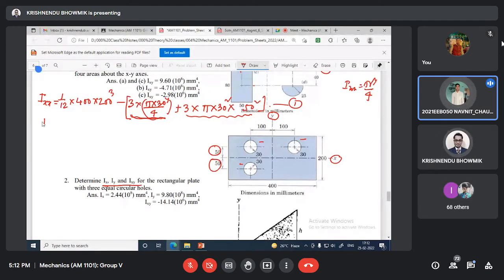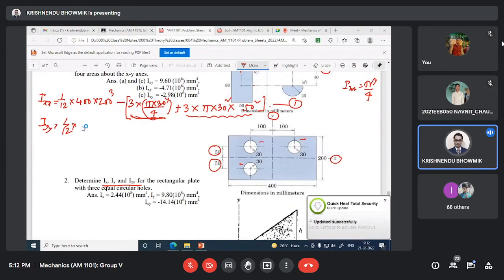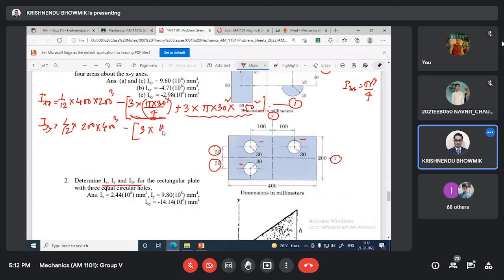Then IYY will be 1 by 12 base is here 200, 400 cube minus 3 multiplied by pi 30 power 4 by 4, plus 3 multiplied by pi r square, let it be in bracket, multiplied by 100 square.